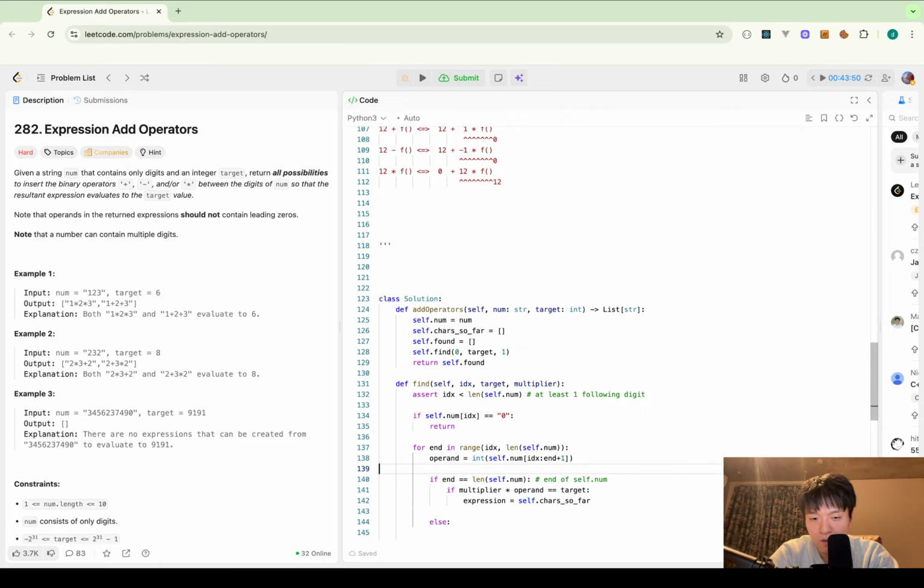If I choose the end, I have to append this operand to the char software. Actually, I can append this operand as a string. Each element doesn't have to be a single character.